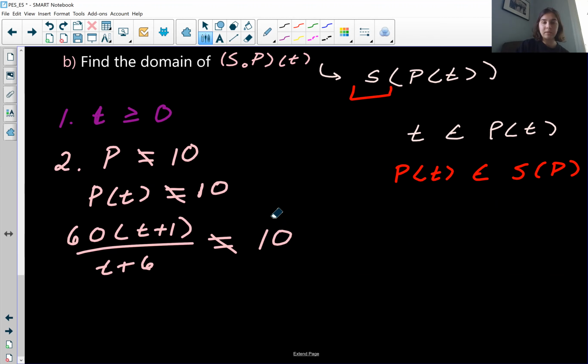So we have to figure out the t value that would make it equal to 10. And remember how we initially had 10 rabbits in the population? So that's at t equals 0. So when t equals 0, this function is 10, which we don't want it to be. So t cannot equal 0 in that case.